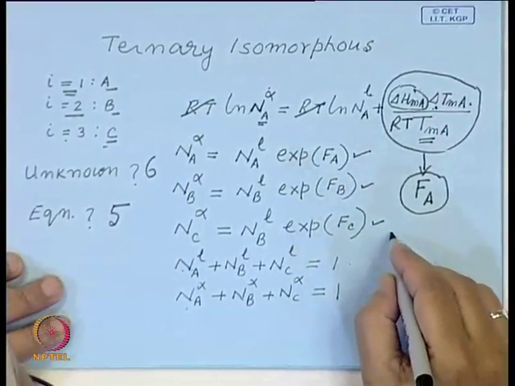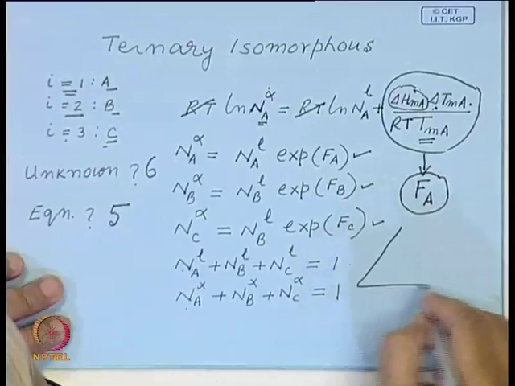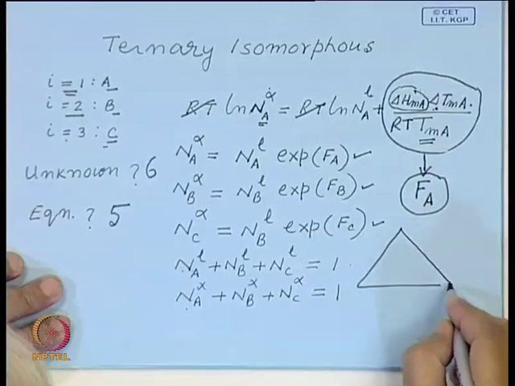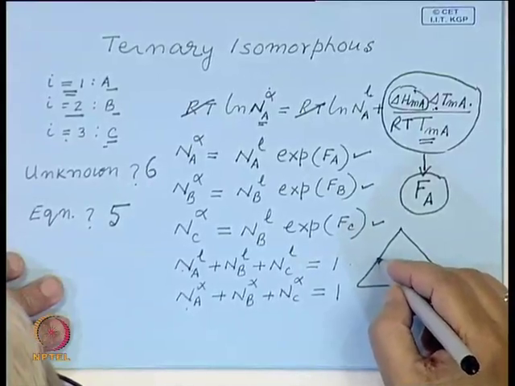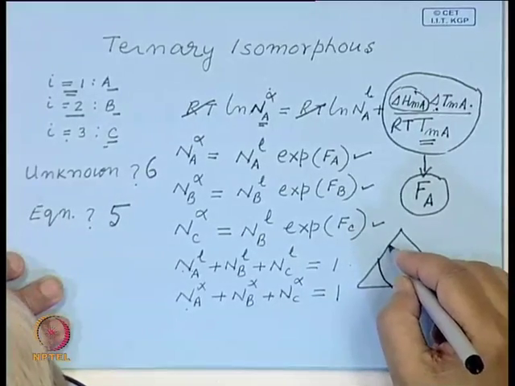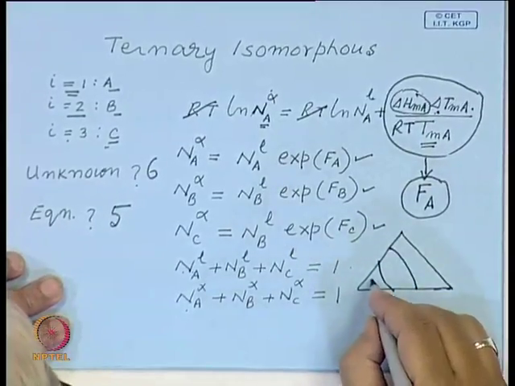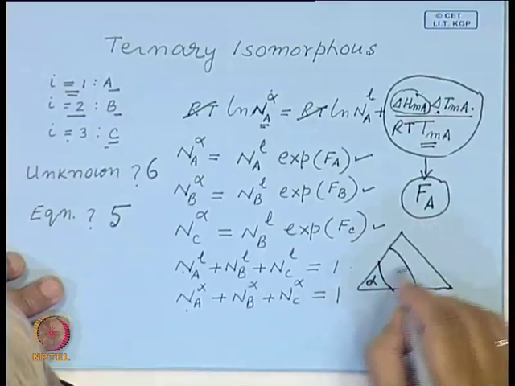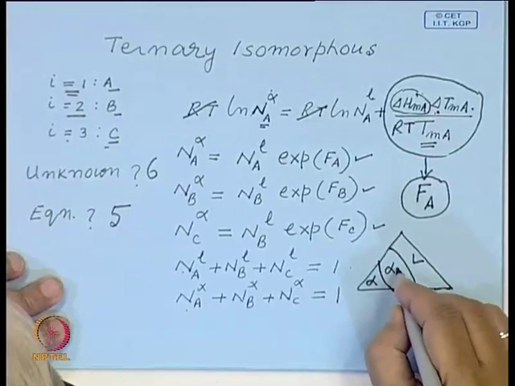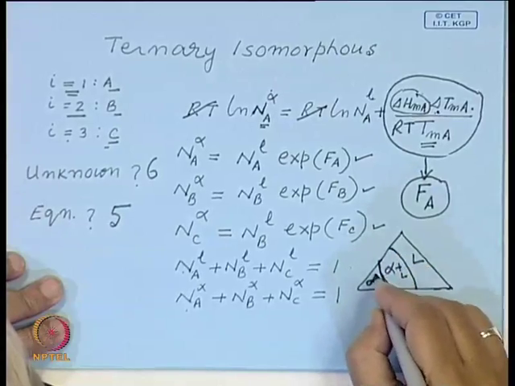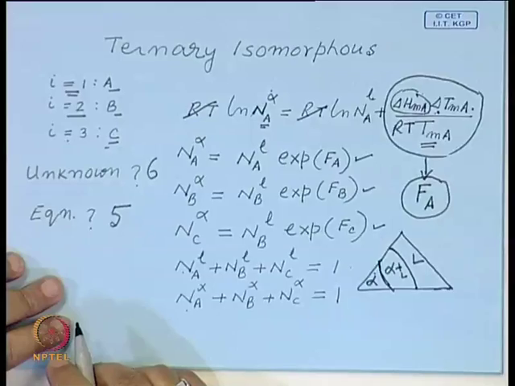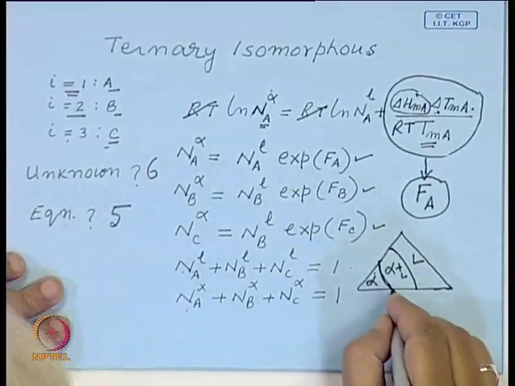So that is why, if you look at this composition triangle at a particular temperature, say suppose we have seen at a particular temperature, this side let us say alpha, this side is liquid, this is alpha plus liquid. You want to find out at a particular composition which phase is more stable. How can you do it?